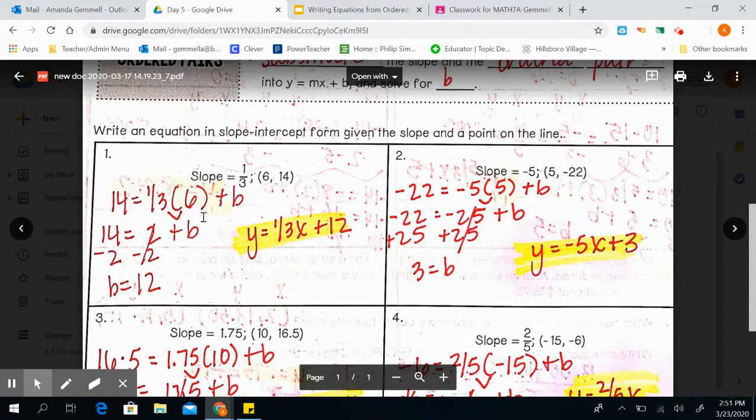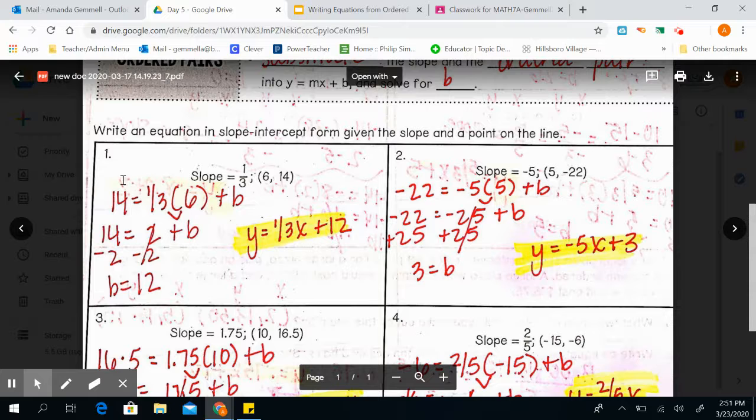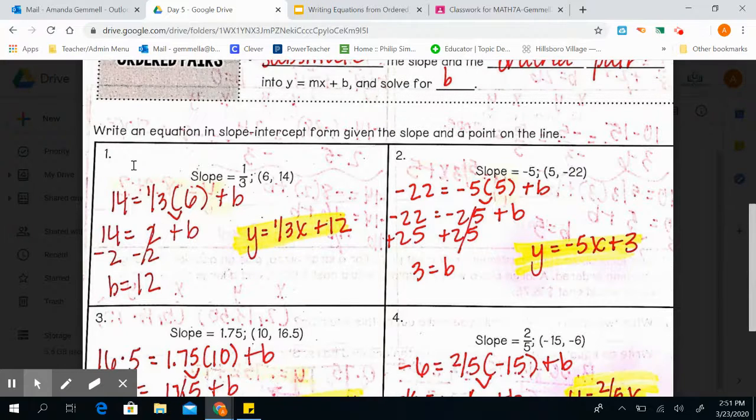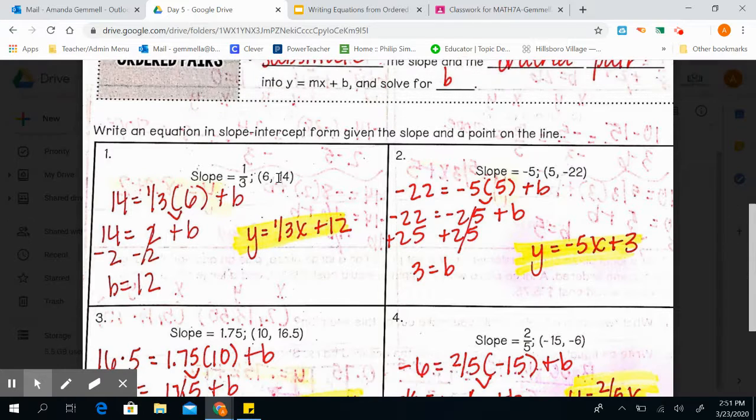Okay, so let's say that the slope is 1/3 and then the point is (6, 14). If this is in the form y = mx + b, I get y from my coordinate, which is (x, y). In this coordinate, x is 6, y is 14.